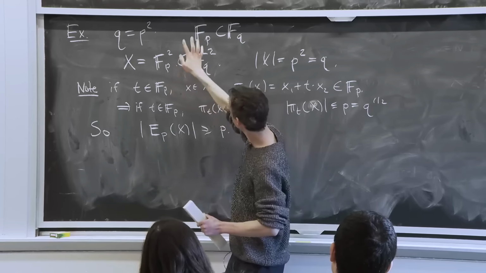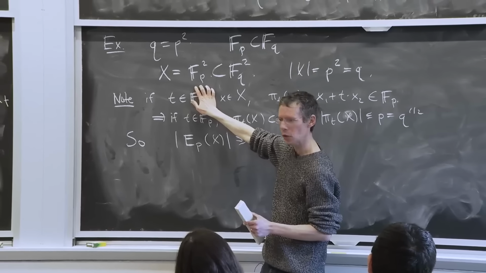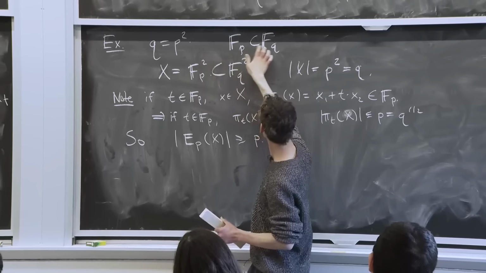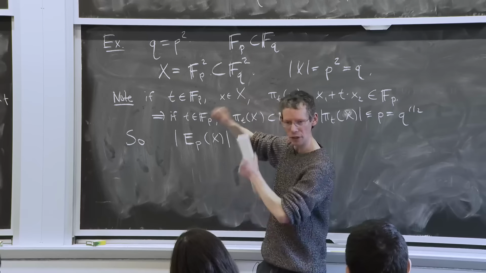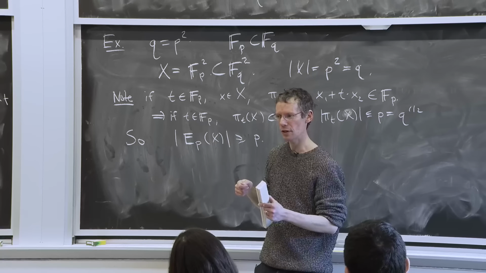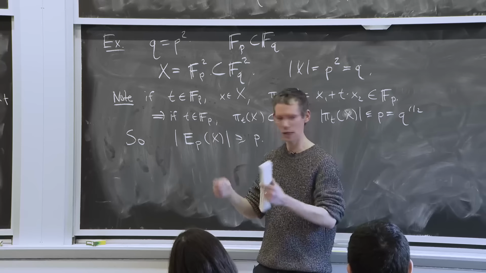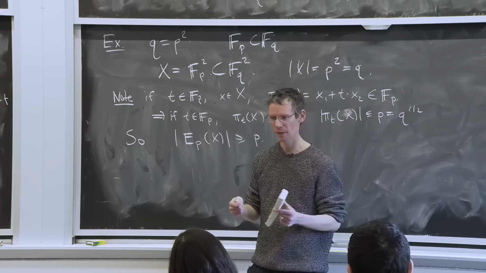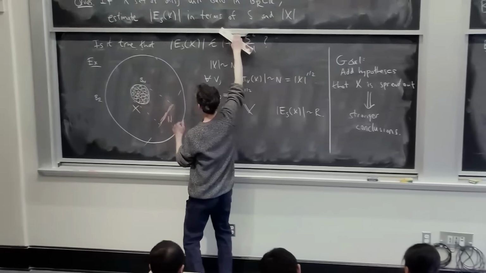In this example, the set that we're worried about is closely connected to the fact that Fq has an interesting subfield, an interesting subset that's closed under addition and multiplication. And sum product theory is about what happens to a set under addition and multiplication. Initially it's over the reals, but you can ask in any field.